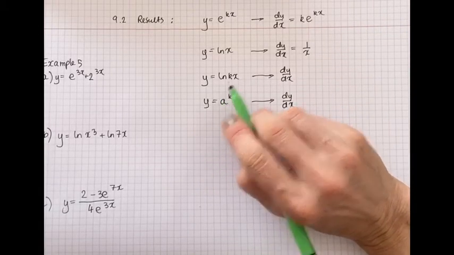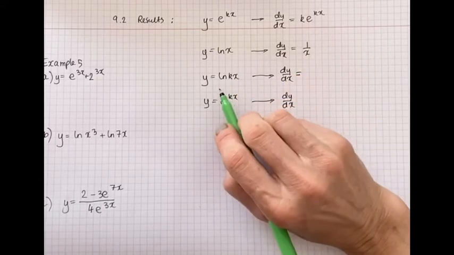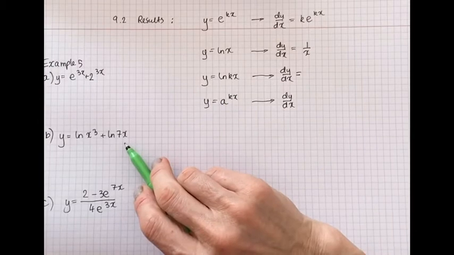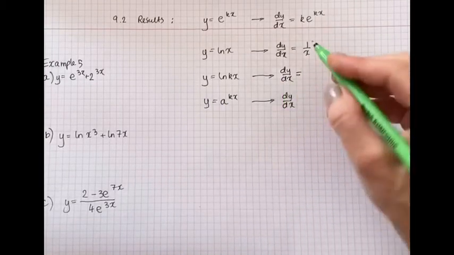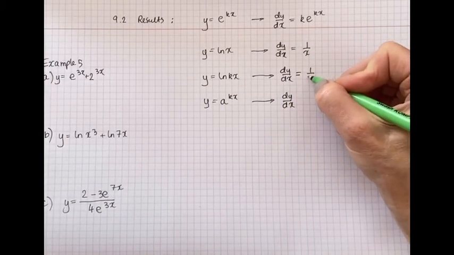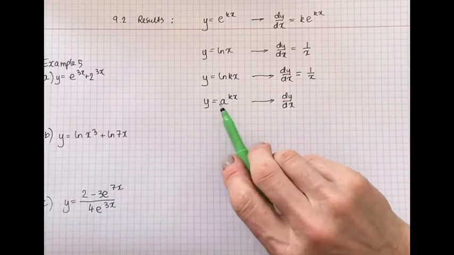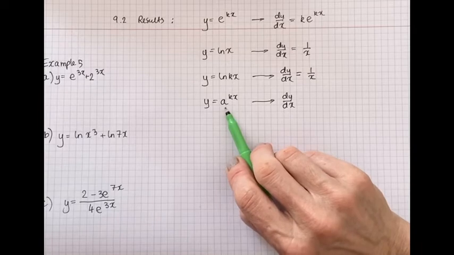Now I want to introduce you to the next result, ln kx, and we are going to use it in the next example. It actually differentiates to 1 over x, and that will become obvious when I show you how to do it.